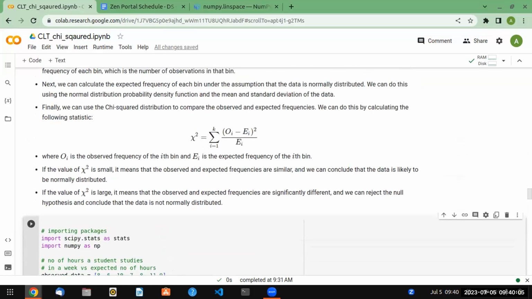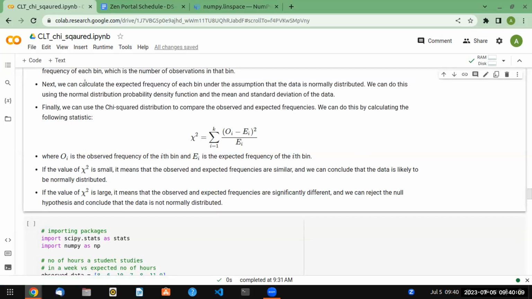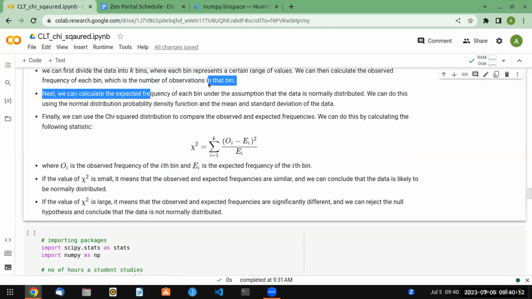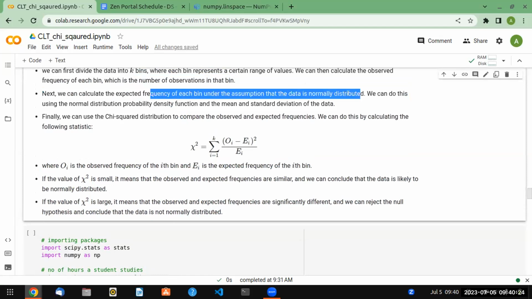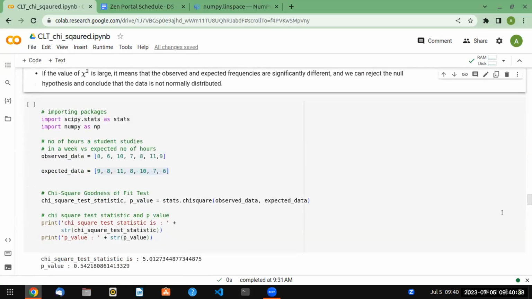In the second point, calculate the expected frequency of each bin. Here I'm not taking bins so that it will be easier for you. You consider each data point under the assumption that the data is normally distributed. That means you have the expected data that is normally distributed. Suppose this is my expected data.